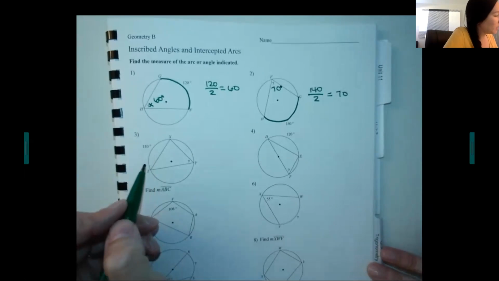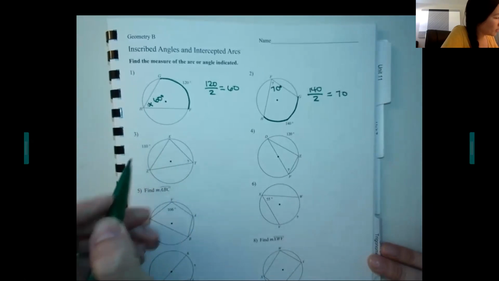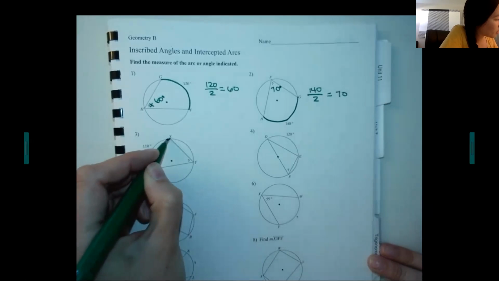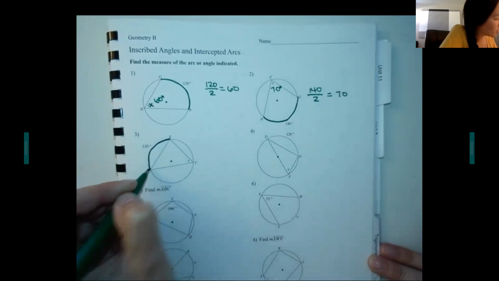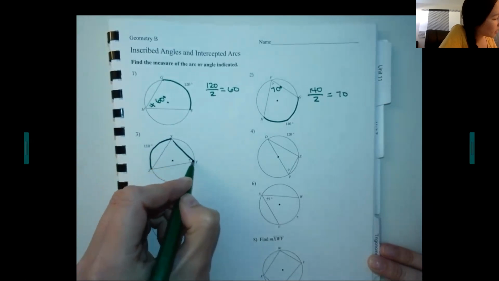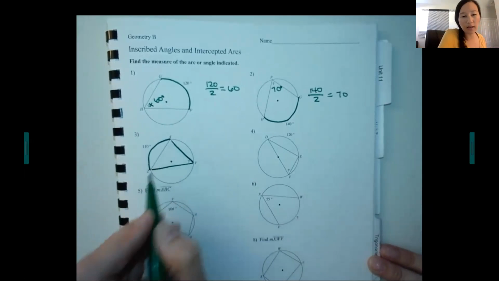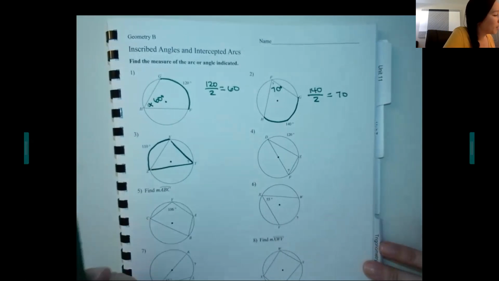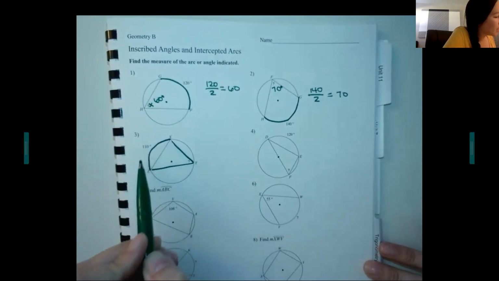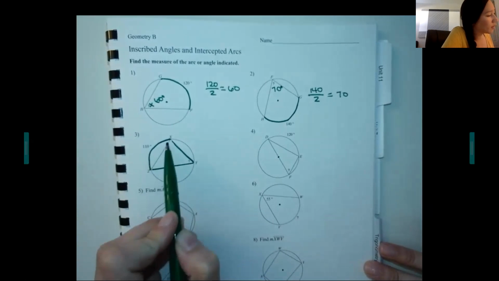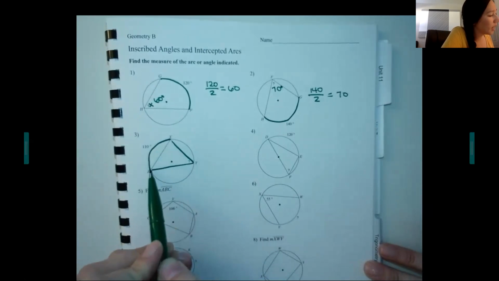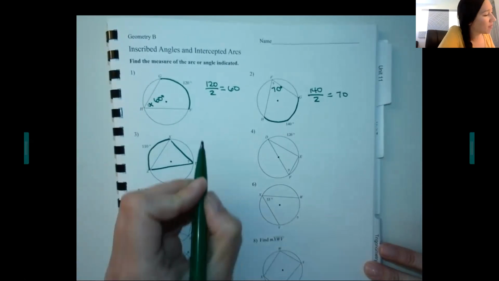Okay, and then sometimes they look a little bit more complicated, but all you want to focus on is the arc. So there's our arc, and then here's the angle. So that line doesn't affect anything. You don't even have to think about it. So our arc is 110, which means our angle is going to be half of that.